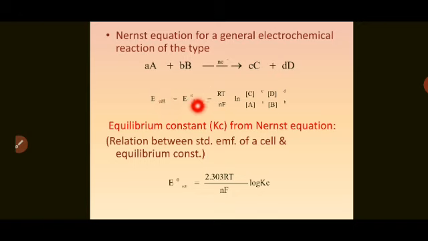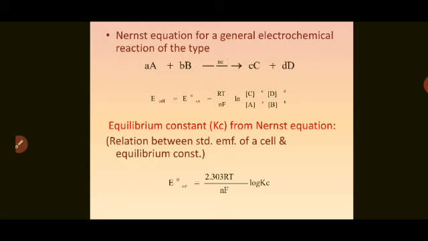So E cell is equal to E naught cell minus RT/nF into ln of the concentration of products divided by the concentration of reactants. So [C] raised to c, concentration of [D] raised to d, divided by the concentration of [A] raised to a and the concentration of [B] raised to b. So this is the general equation for a reaction of this type.